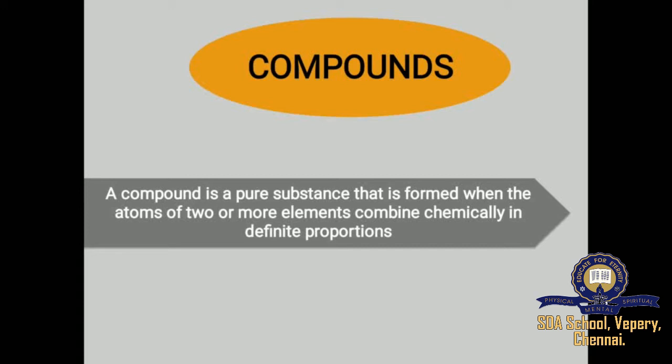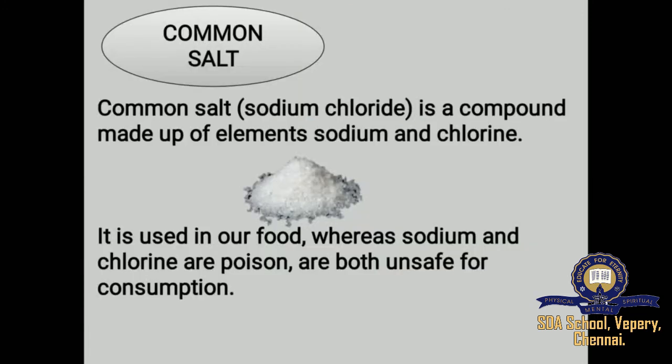So a compound is nothing but a pure substance formed when atoms of two or more elements combine chemically in definite proportions. Compounds exhibit properties that are entirely different from the properties of the constituent elements. For example, here you have common salt, which is a compound.